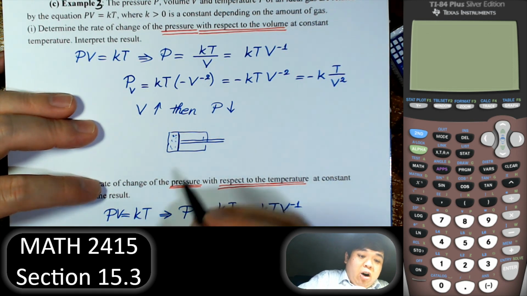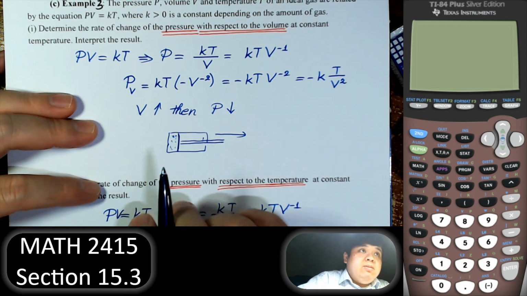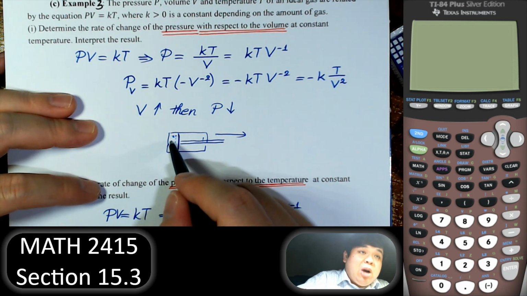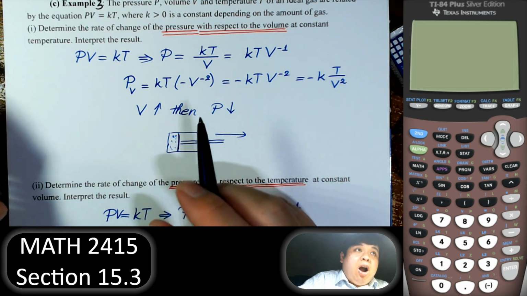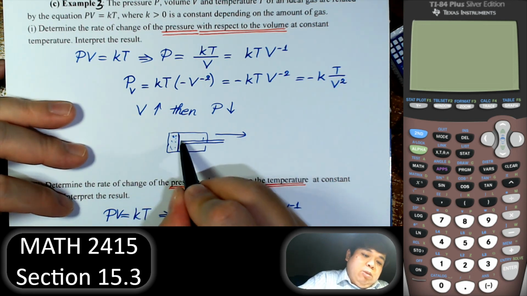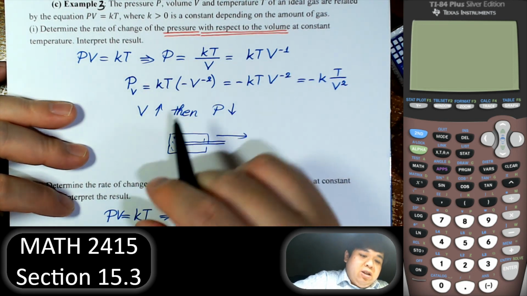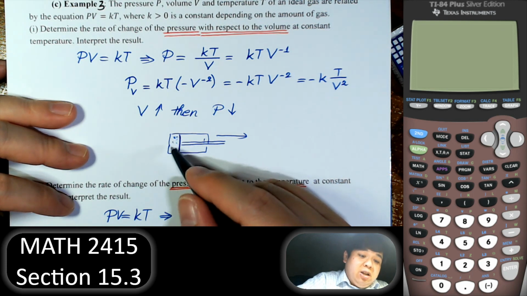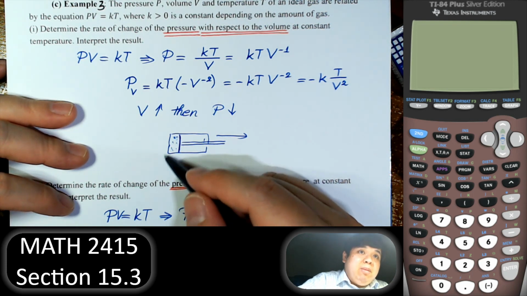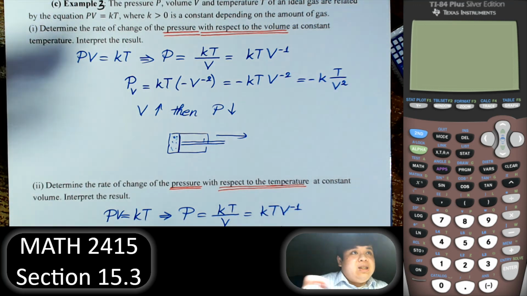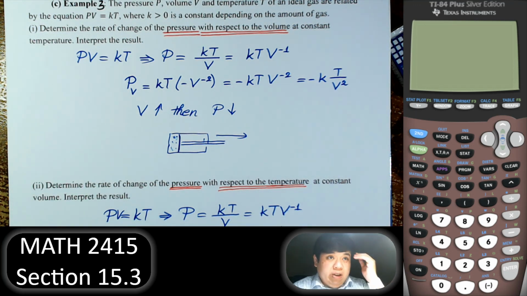If we increase the volume by pulling the piston, the pressure inside will decrease. If we keep the constant temperature and move this out, the volume increases, and the pressure of the same amount of air, of course, will be less. So that one is also obvious.